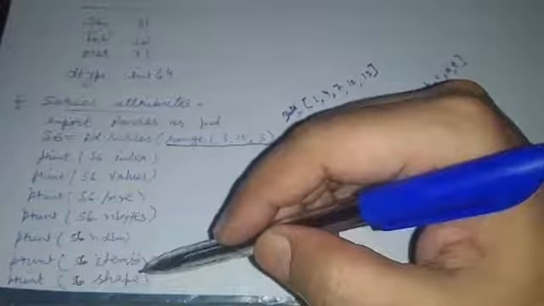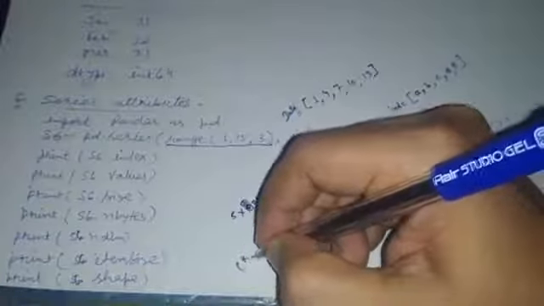Print S6.shape. You know, shape is represented as a tuple, rows and columns, but as a series is only a one-dimensional structure, the format to provide the shape is like that.